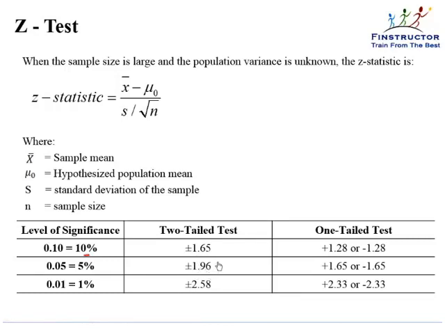For a one-tailed test, it will be the same as a 90% two-tailed test, because there also we will leave 5% on one side, so it is 1.65. For a 99% two-tailed test, the critical value is 2.58. For a 99% one-tailed test, the critical value is 2.33.